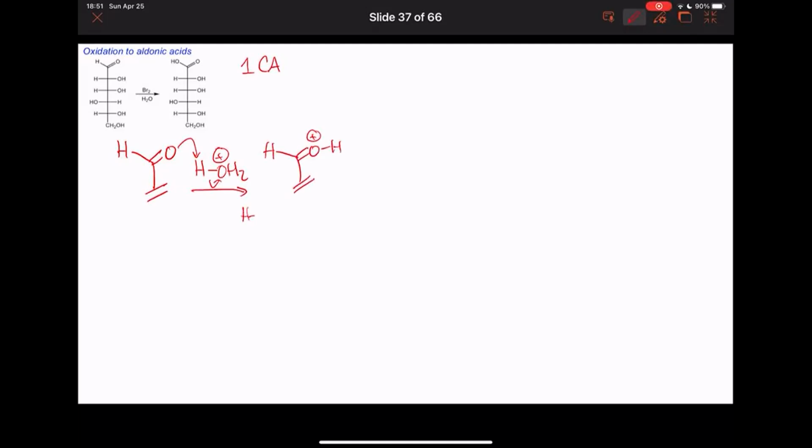Once we're here, another equivalent of water will come in to attack and relieve that positive charge. From this step, we're just going to have a proton transfer to deprotonate. Another equivalent of water will just deprotonate that.